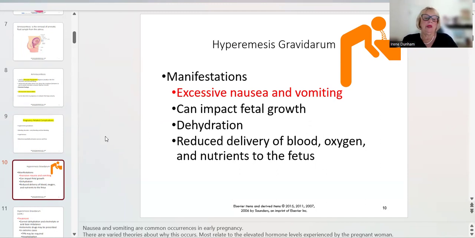And don't forget, remember how many extra calories can mom have or should have during the pregnancy? 300. So if she's not even getting in anything, then she and the baby are going to be greatly affected. You can see that.